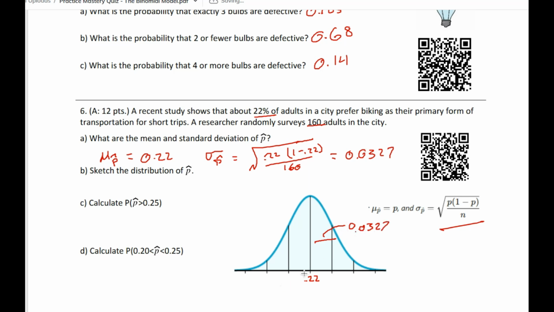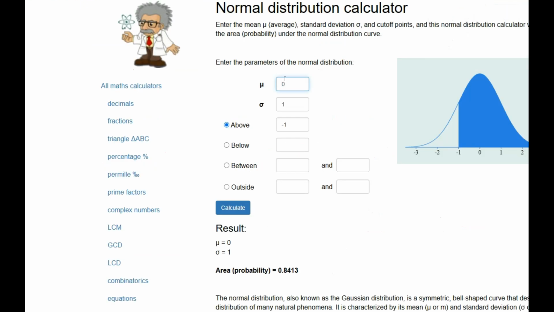Okay, all right. So we have two calculations to make. This is going to bring back some memories. We're going to use the standard normal calculator. So when we do this, let's see here. The mean is 0.22.